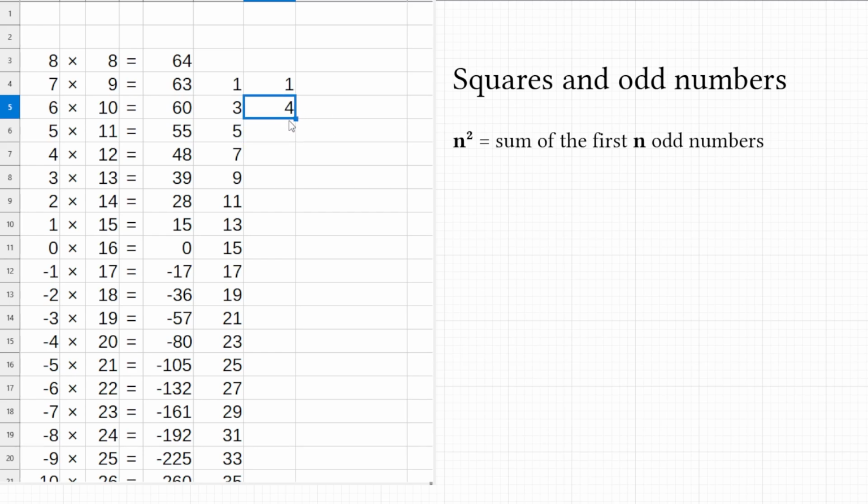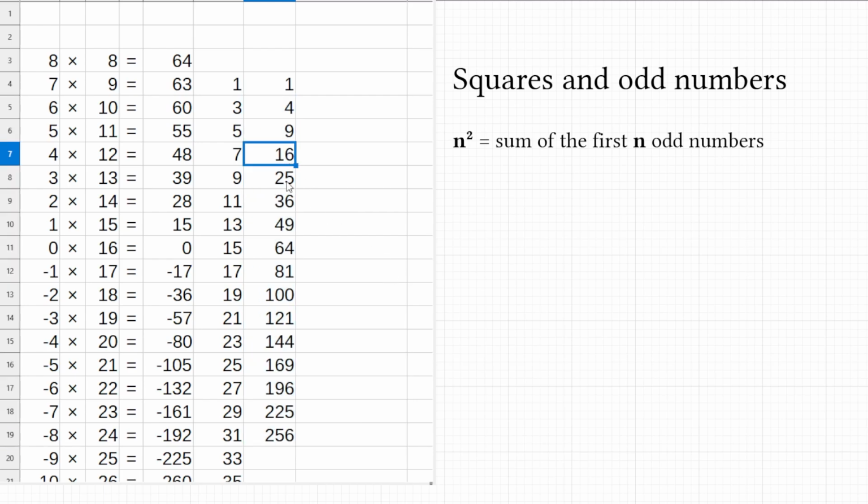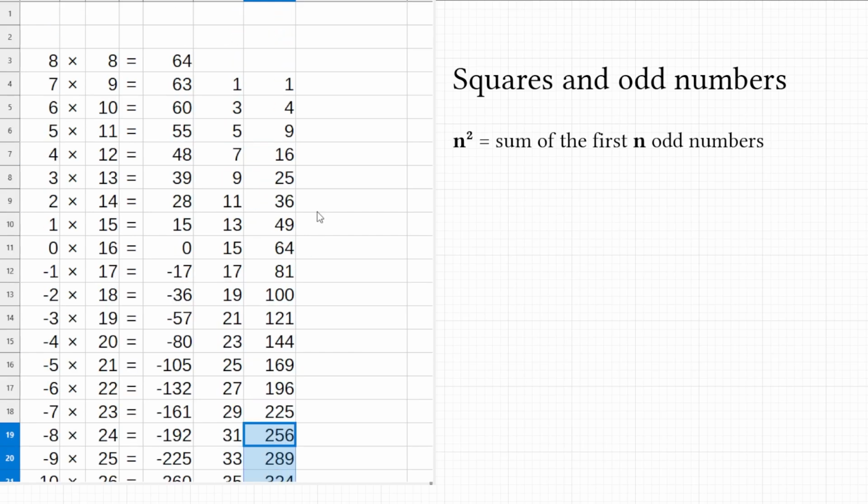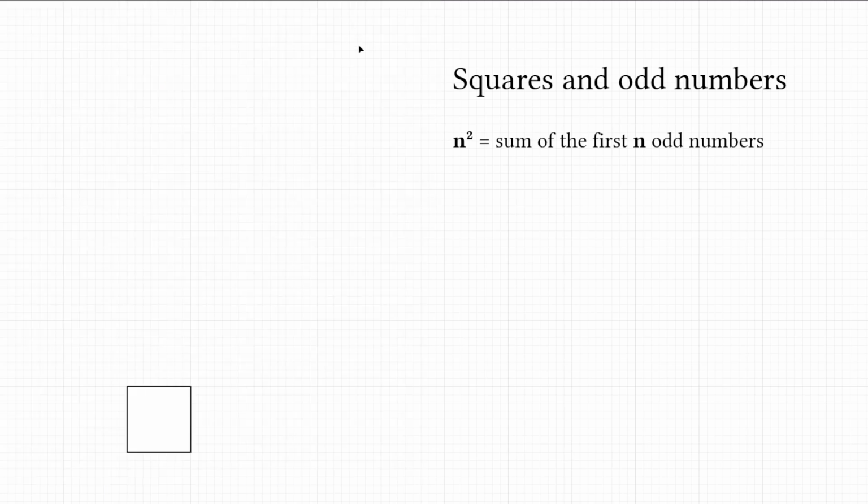We get 4, then we get 9, and then we get all the other squares. It's always the next square. Okay, so they are connected, but why? We see that this connection reveals itself in more ways than one, but still, what's the reason behind it?